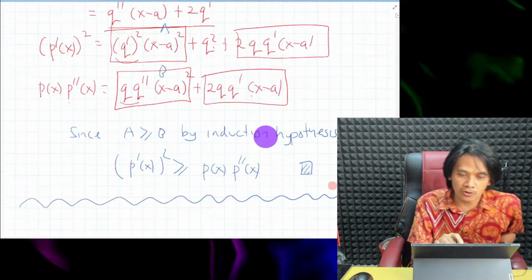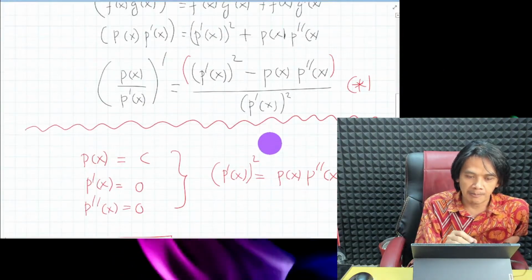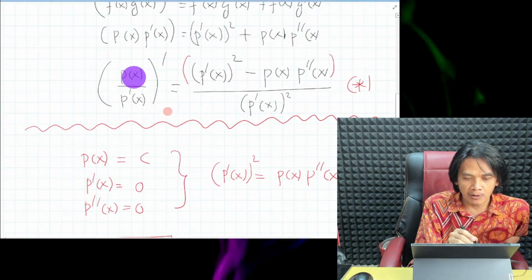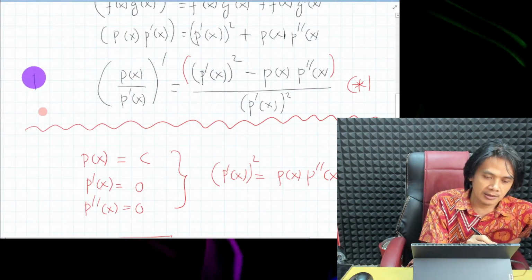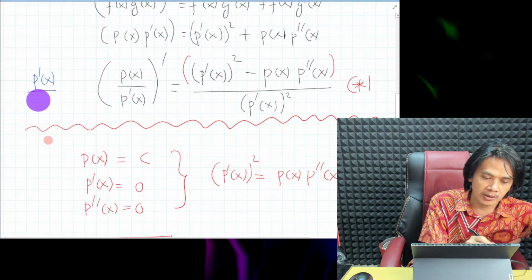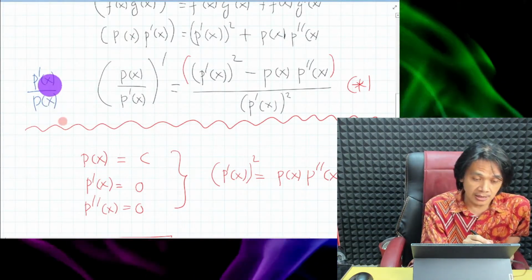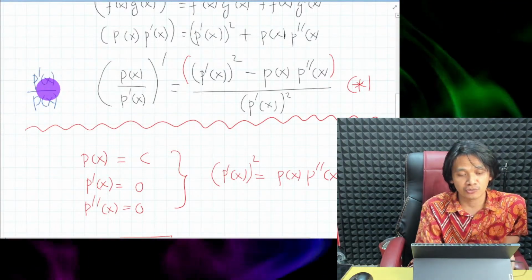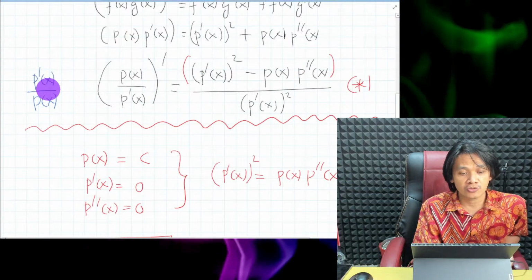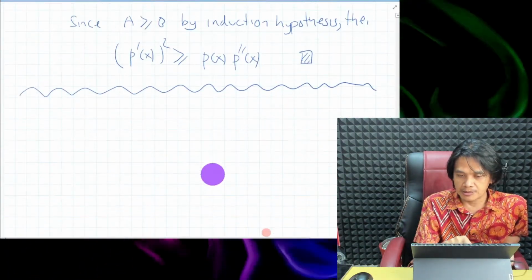Okay. So instead of looking at p of x divided by p prime of x, I should be looking at this expression instead. Why? Because this expression is more familiar to us, especially to the first semester calculus student.